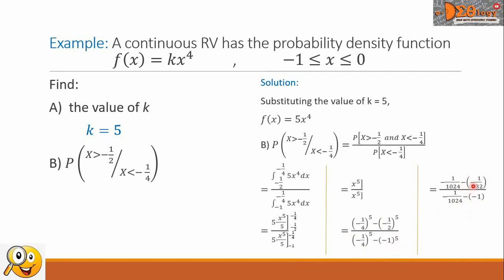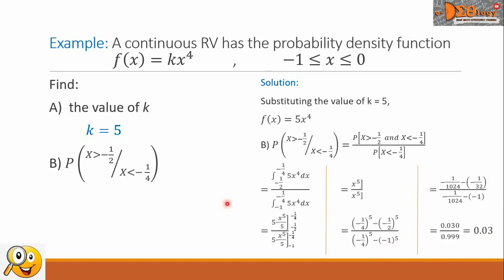This negative and negative becomes positive. The same thing will happen here, negative and negative. So using our calculator, simplifying our numerator and denominator respectively, we have the corresponding values as 0.030 over 0.999. And this quotient will give us 0.03. This is the answer for problem B.